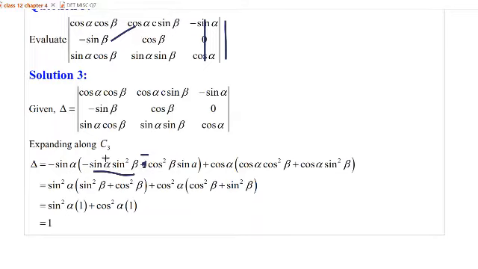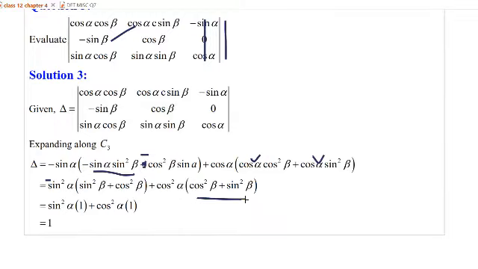Now further, here we can take minus sine alpha common. So on taking minus sine alpha common, here there will be sine square beta and here cos square beta, and since I have taken negative outside, it means plus sine square beta plus cos square beta will be inside. Similarly, from here taking cos square alpha common, we'll have cos square alpha, and inside we have cos square beta plus sine square beta.